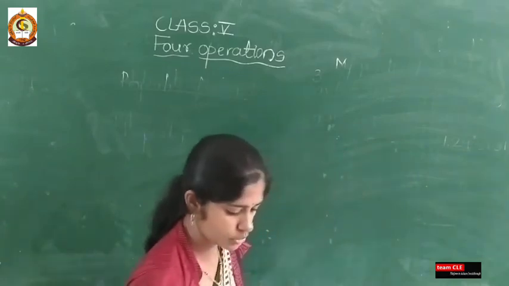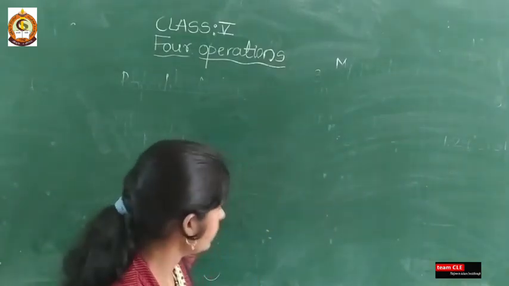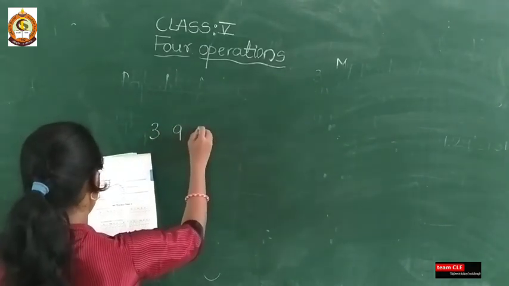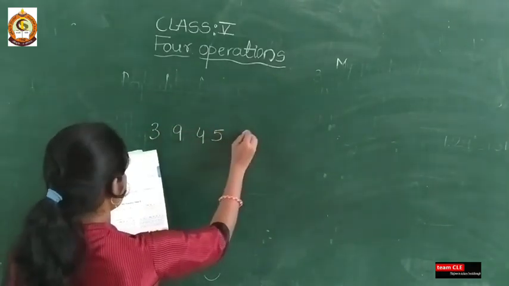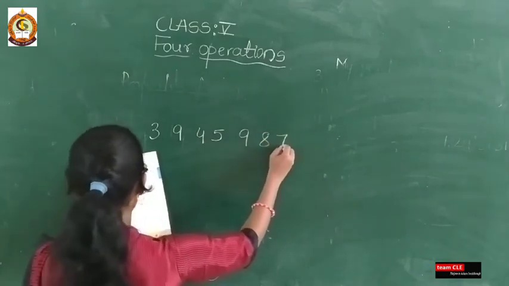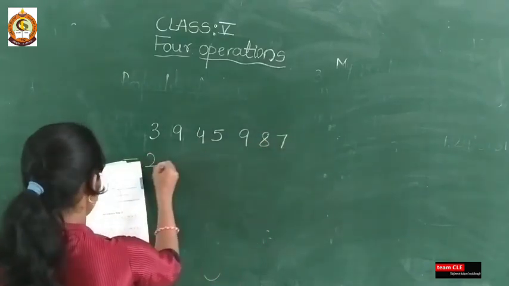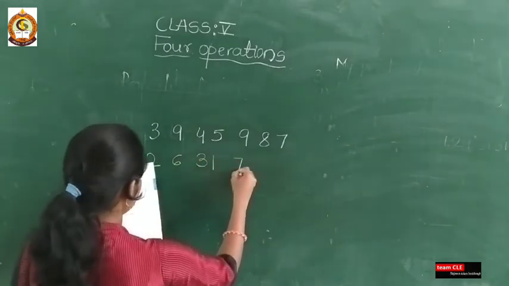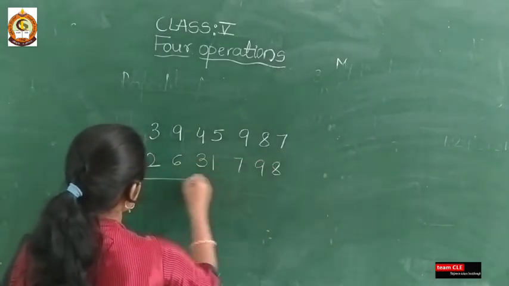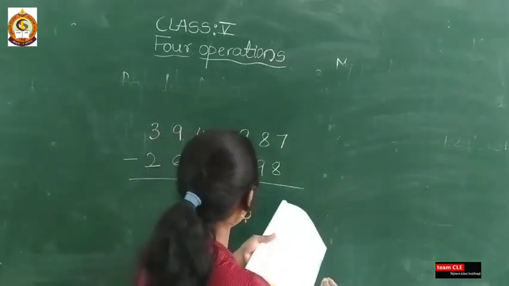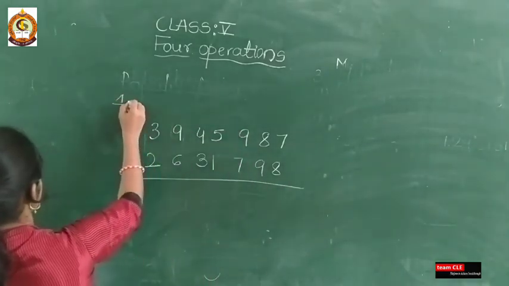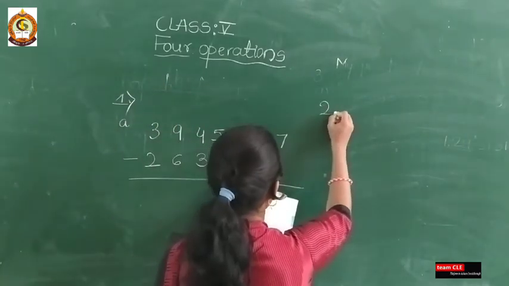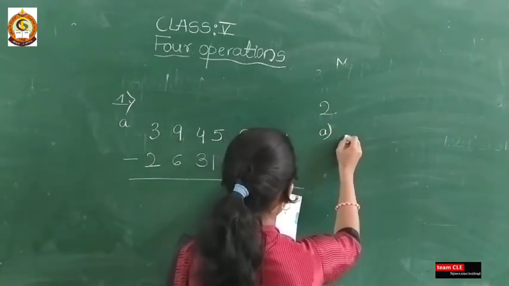So I will take the question 3,39,45,987 minus 26,31,798. Yes, this is one example, and one more is there, that is A, and the second main A is there. Find the missing letters.